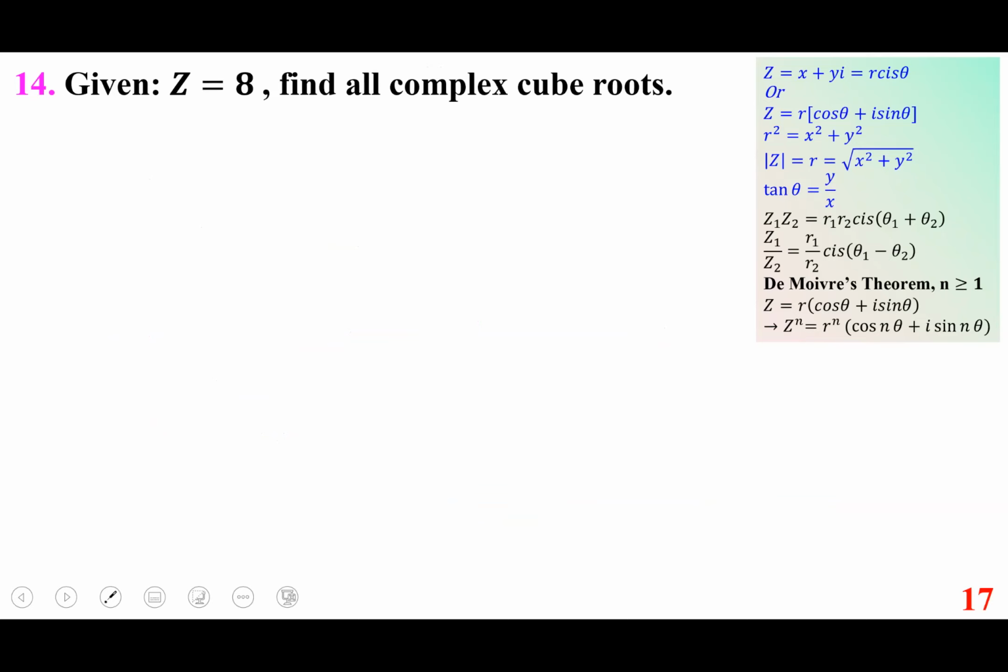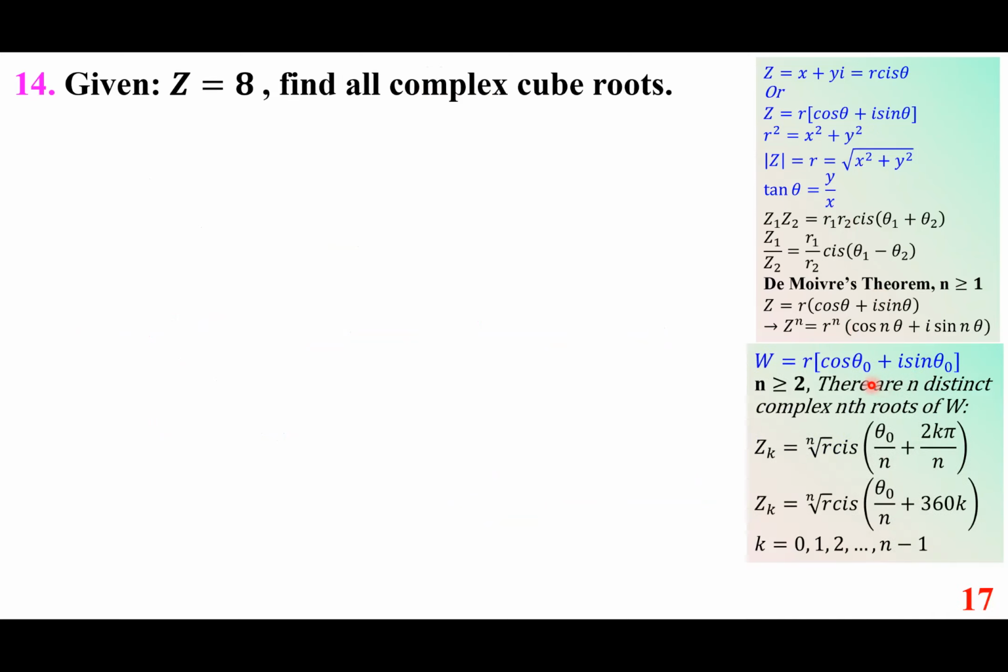Z equals 8, find all complex cube roots. And so we are going to find the roots. We have everything here. We are going to add the concept of roots when n is larger than or equal to 2.